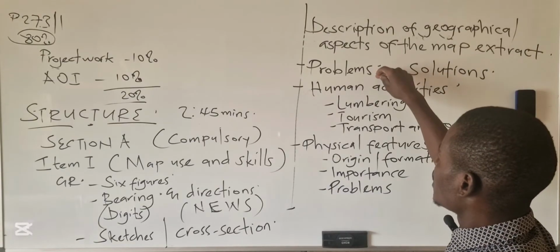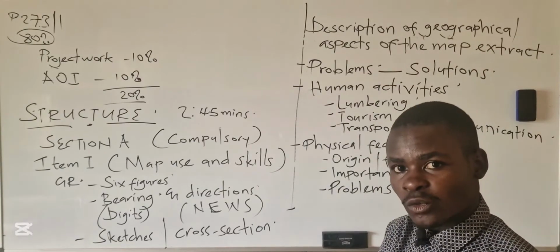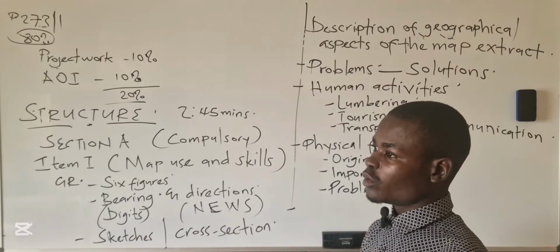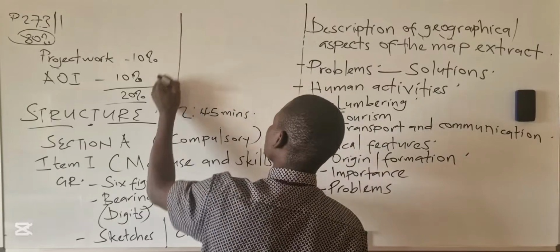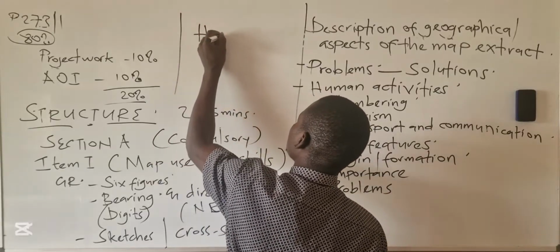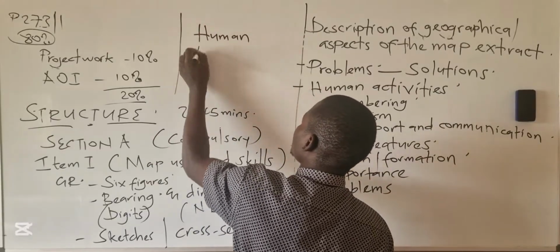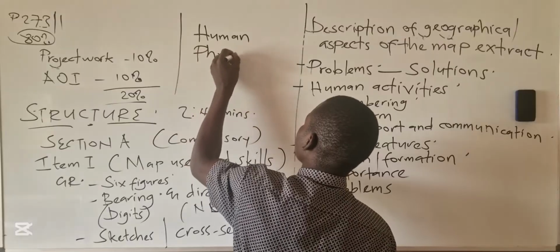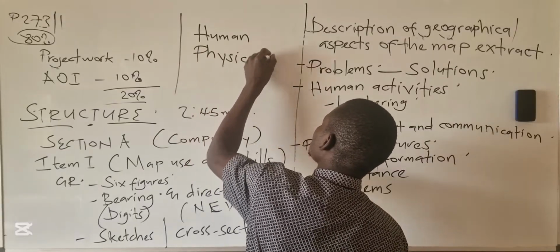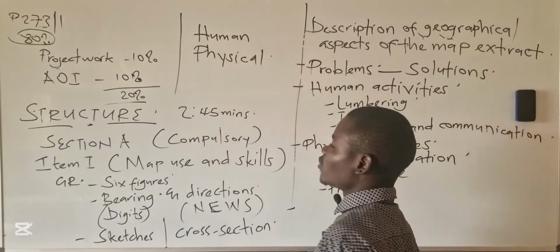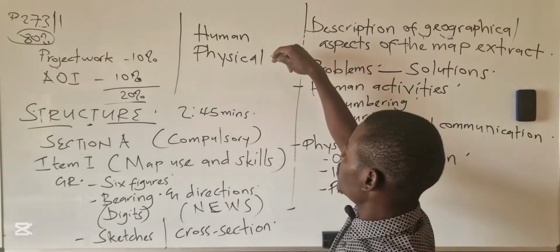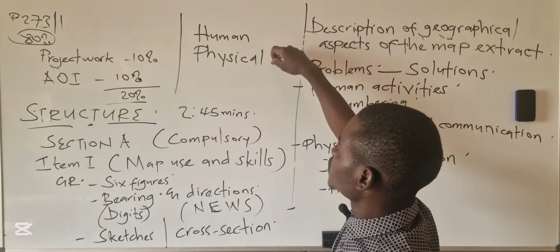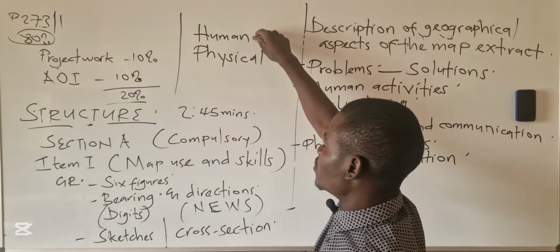Remember, it is important to note that geography has two branches and they are very important. It has what we call the human aspect and the physical aspect. And these two complement each other. That is why the natural environment exists alongside the human environment.